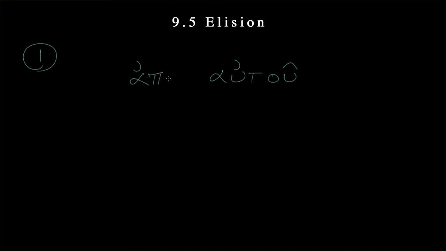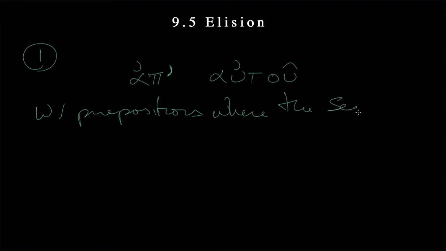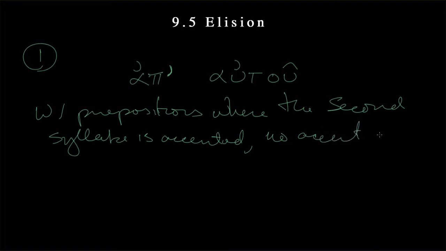So didn't need to drop that pi. I'll rewrite it there. And then we're going to mark, as I said, that elision, that absence of the omicron there, with this apostrophe. And in this case, with prepositions, where the second syllable is accented, which is basically all prepositions that are disyllabic, no accent, maybe I'll say recovery.